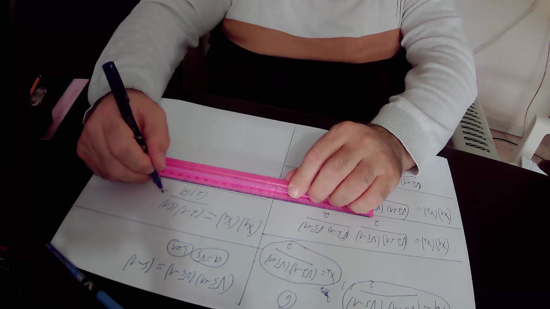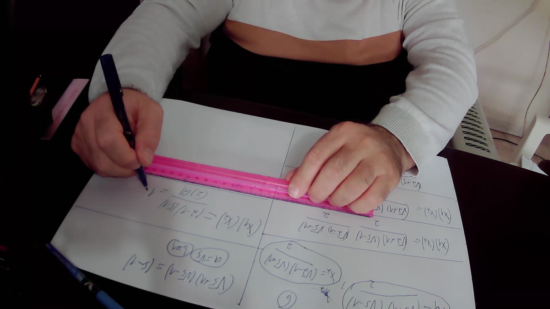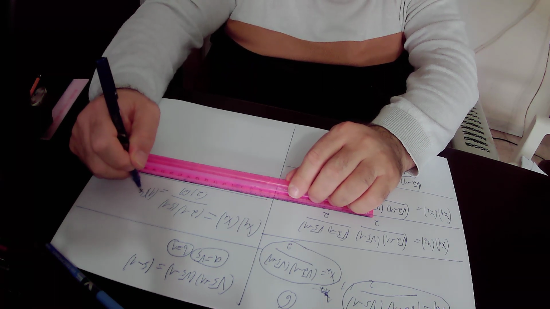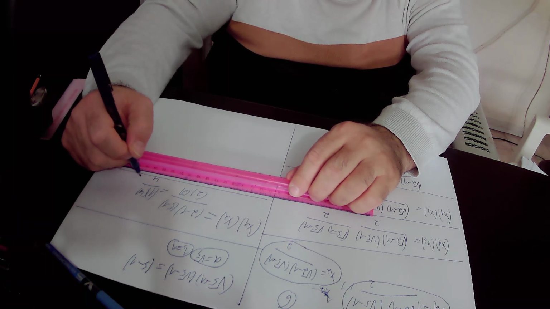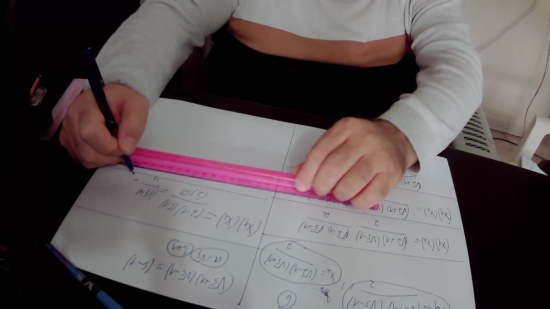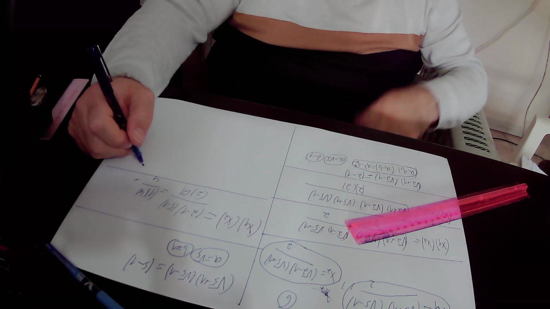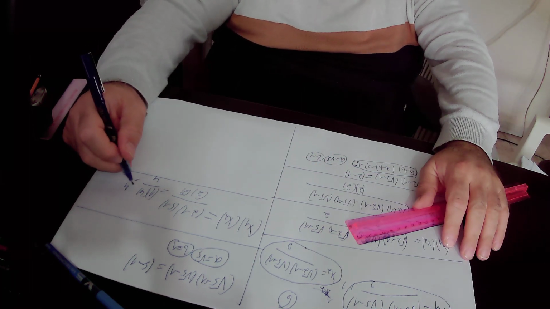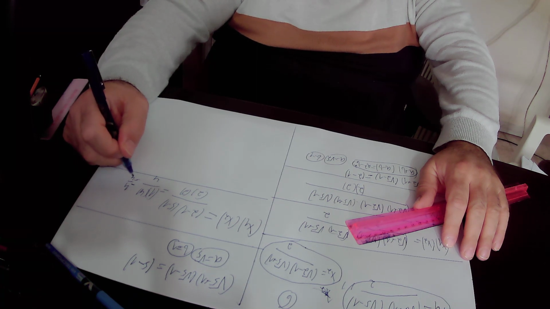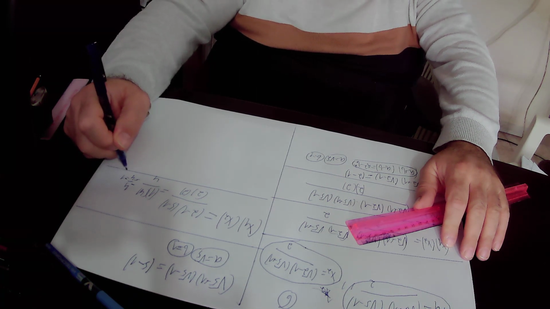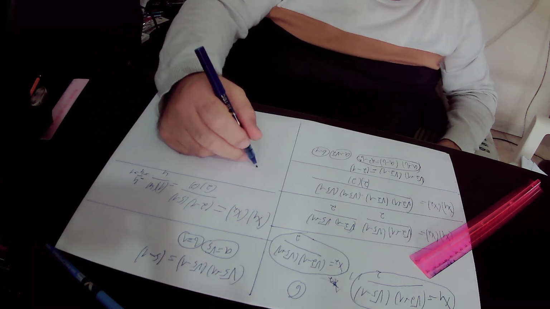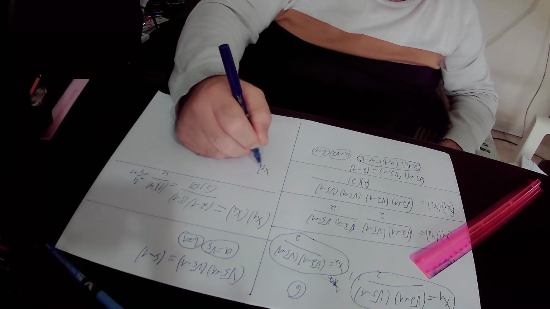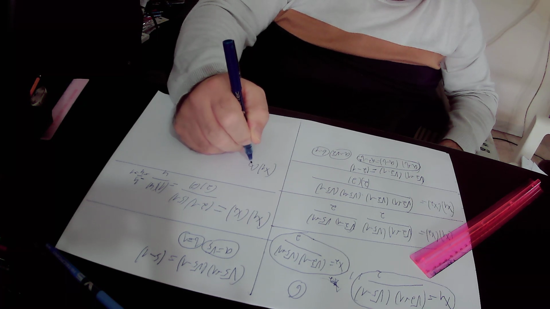So here 2 minus 1 is 1, 5 minus 1 is 4, all divided by 2 times 2, that is 4. 1 times 4 is 4, and 4 over 4 is 1. So we actually found out that x1 times x2 equals 1.